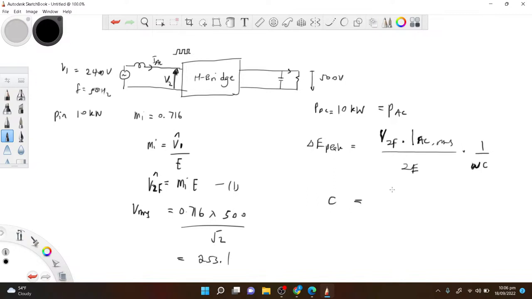So C is equal to V2 fundamental times IAC RMS all over 2E times omega times delta E peak.